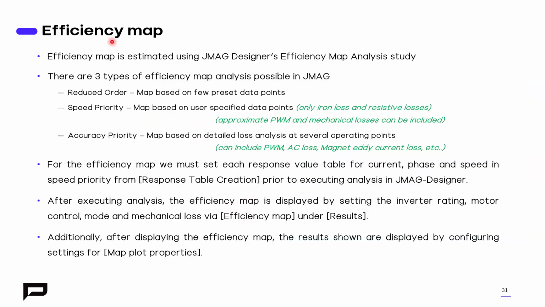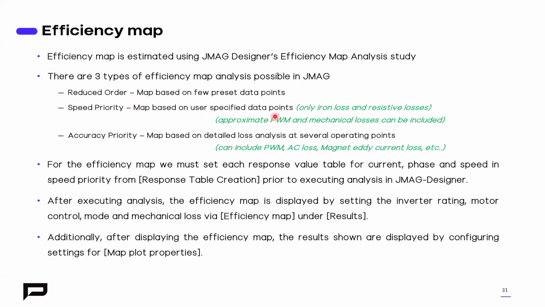For the efficiency map, we actually have 3 different types of efficiency map analysis possible in JMAG Designer. The first one is reduced order, the second is speed priority, and the third is accuracy priority. The reduced order method is based on very few preset data points, and mostly we will be using speed priority, which is fast and also accurate.